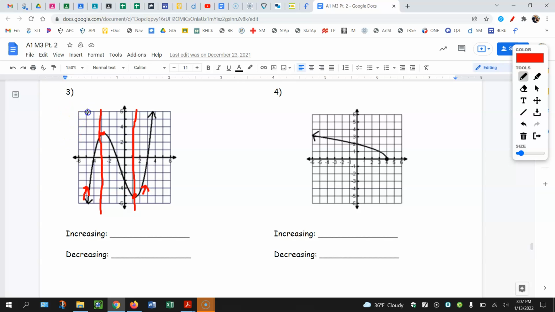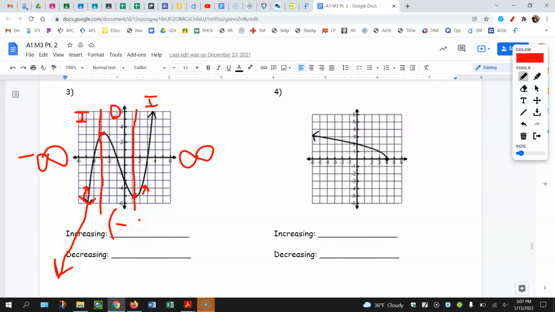So the graph is increasing, then decreasing, then increasing. There's an arrow on the end here, so this keeps going down and to the left. Negative infinity is to the left, positive infinity to the right.